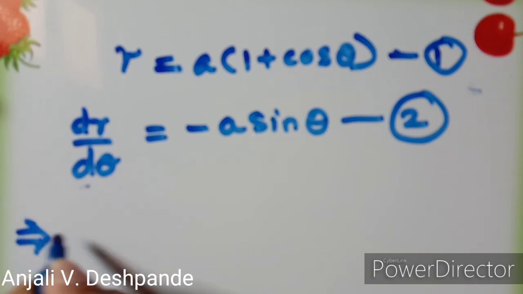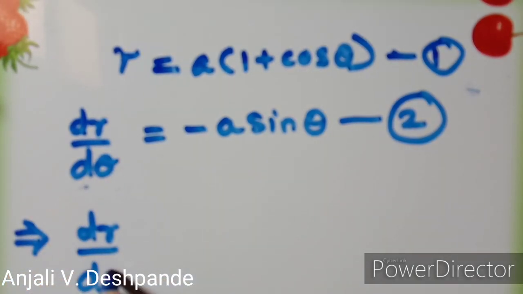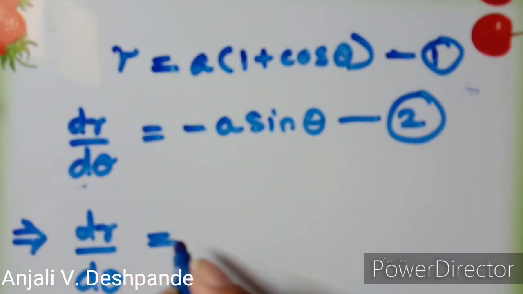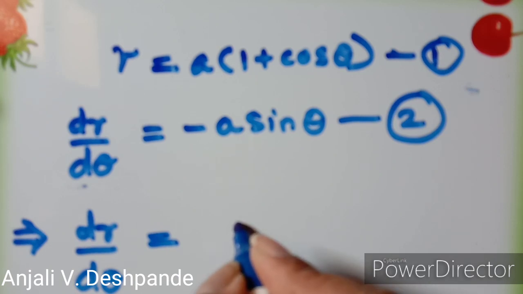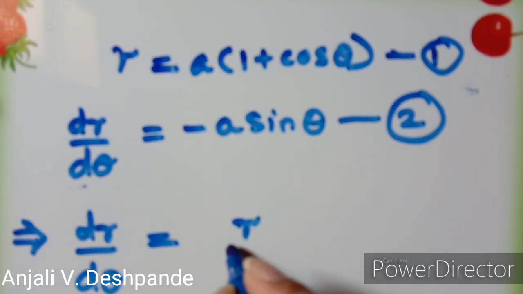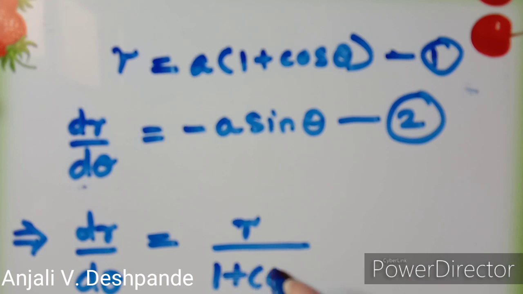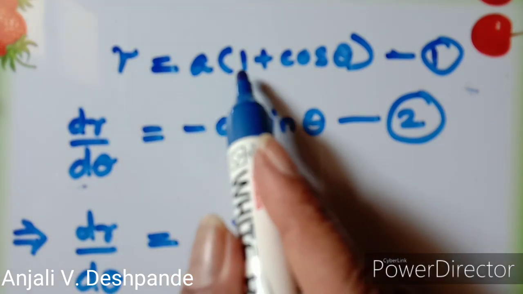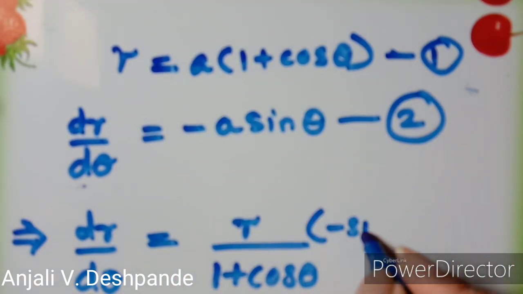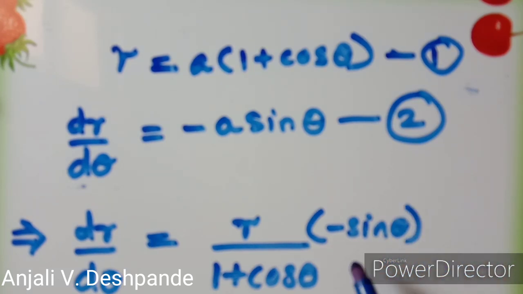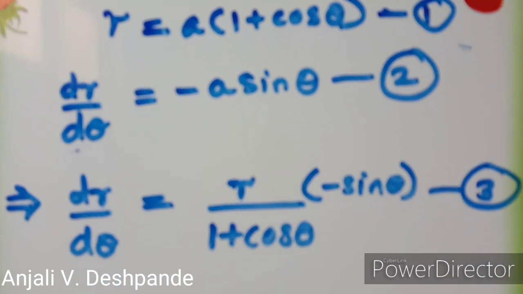So this implies that dr by d theta is equal to r divided by 1 plus cos theta, that is the value of a which we get from equation 1, into minus sine theta. We can call this equation number 3.